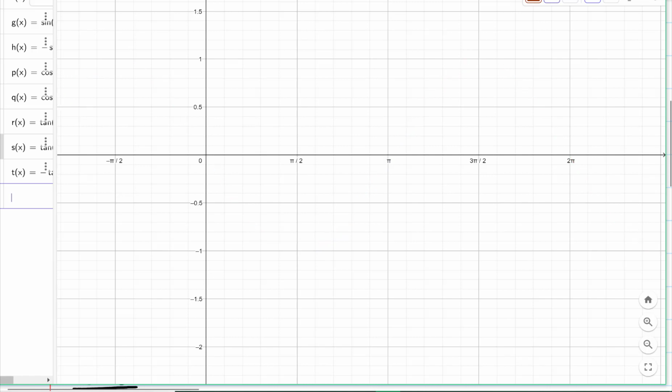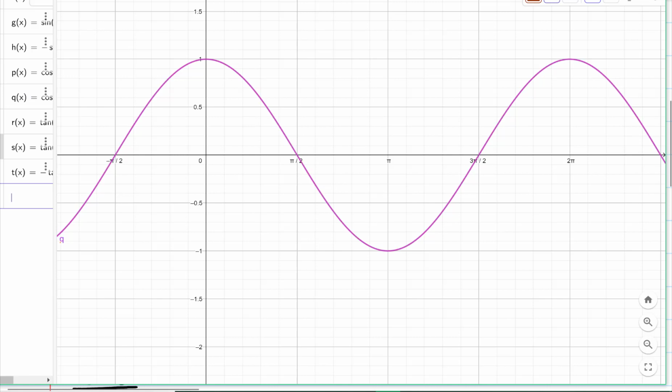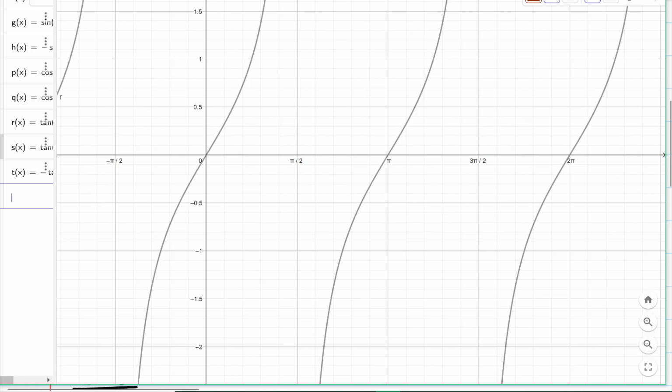So the next thing I'm going to do is graph cosine. And I'm going to graph cosine of negative x. Now, what negative x does is it reflects it around the y-axis. So it's going to take these points and flip them over here. And as you can see, it's the same. So now let's look at tangent.